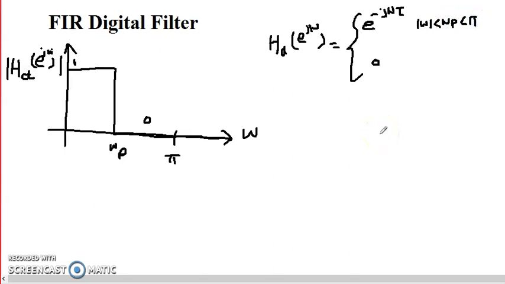Okay, and 0 otherwise. It means that its mode is 1 when omega is in the pass band.